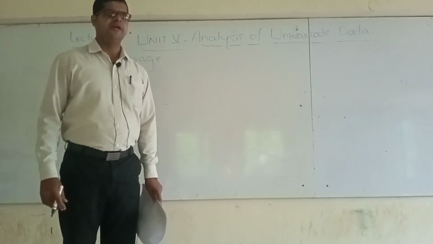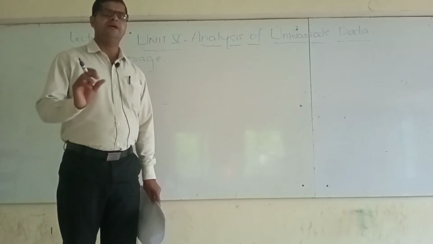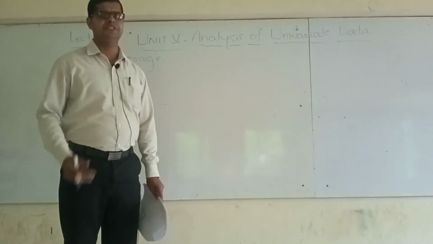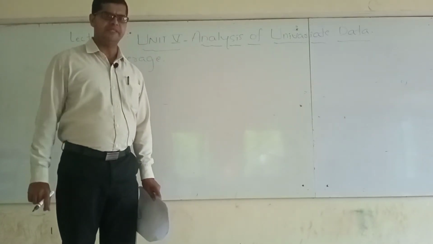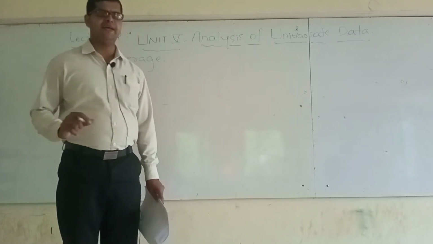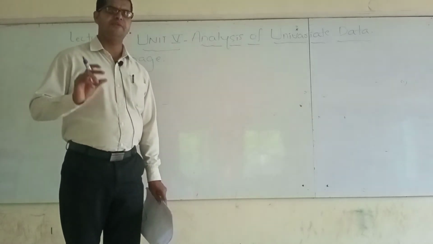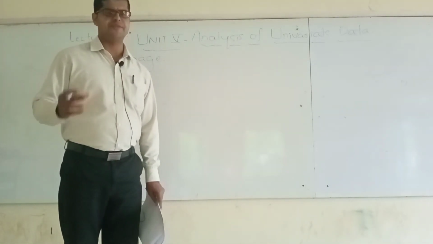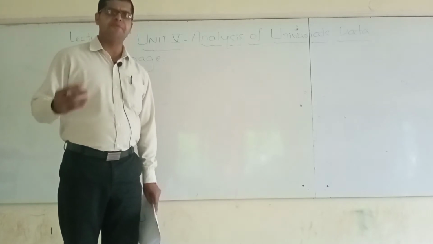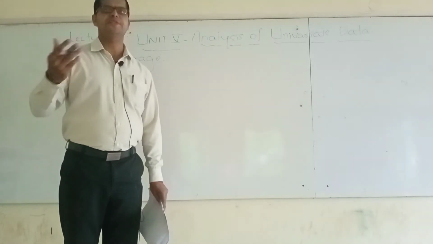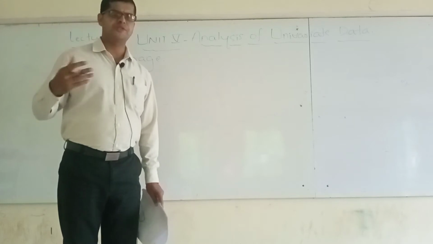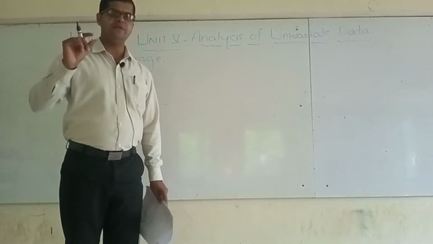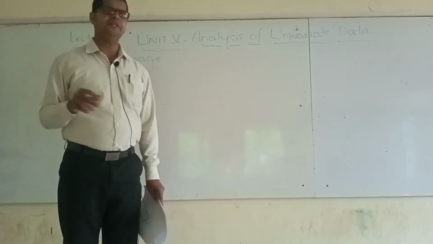After collecting data, which may be in large or sometimes small numbers, we need a common factor, a common central value, so that we can compare that central value with other elements of the mass data. We took the example of marks of students. 100 students are there, I get the marks of 100 students, and I calculate a central value which can be compared with the rest of the marks.